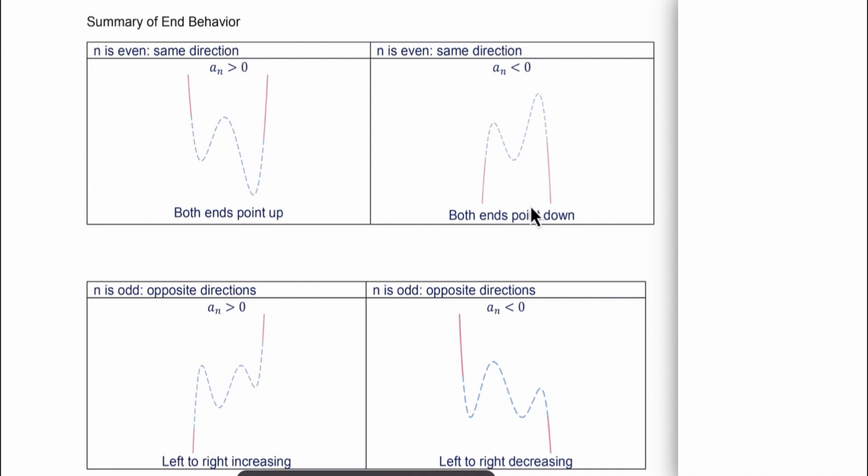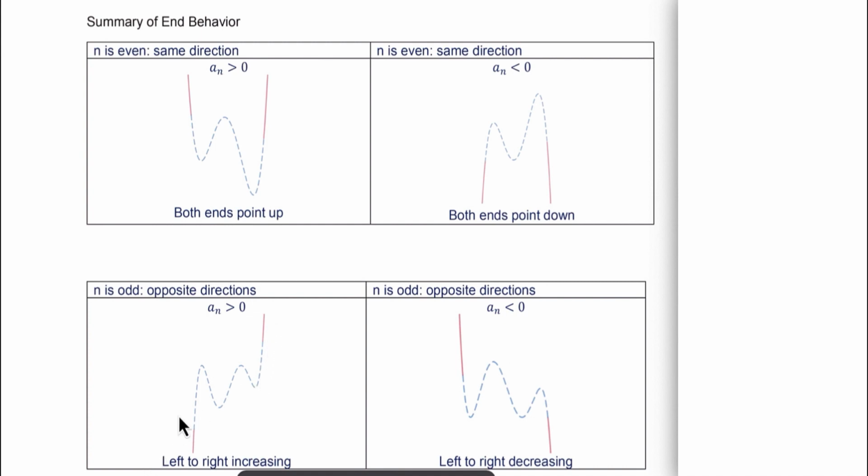And then if n, the degree, is odd, we know that they're going to be pointing in opposite directions. If the leading coefficient is positive, overall, as you read the graph from left to right, the graph is increasing. That is, the end behavior points down on the left, there's some maxes and mins in the middle potentially, and then on the right, the graph is pointing up.